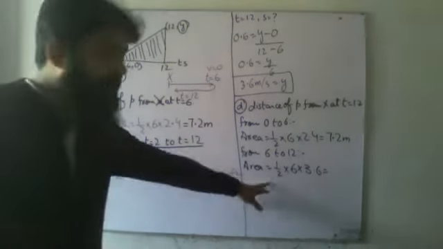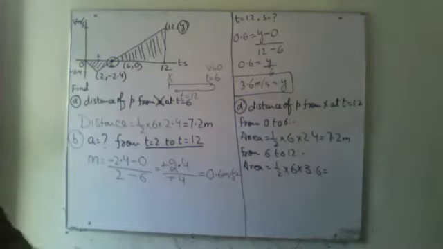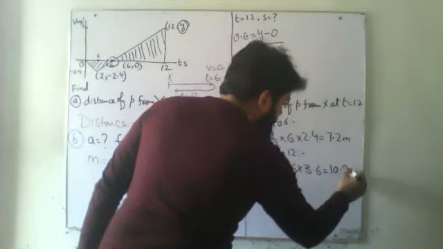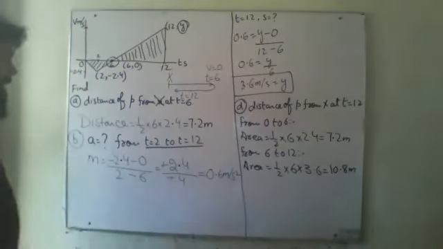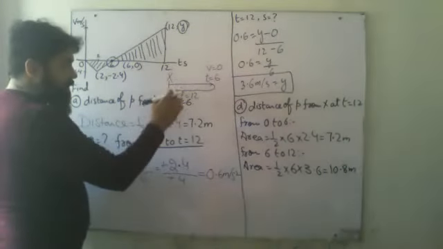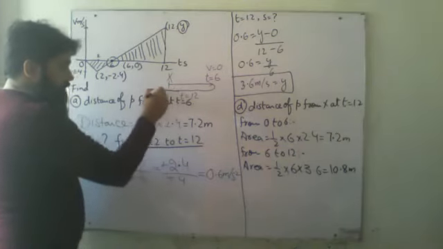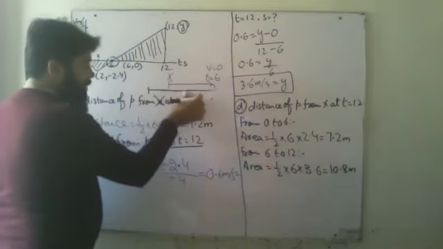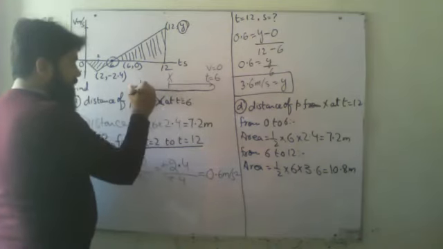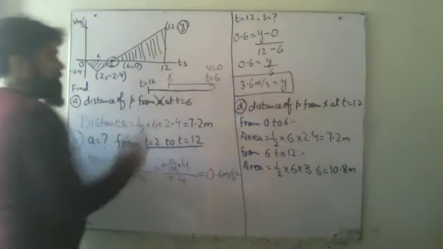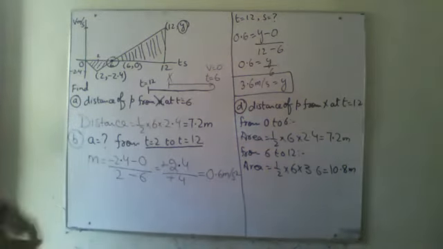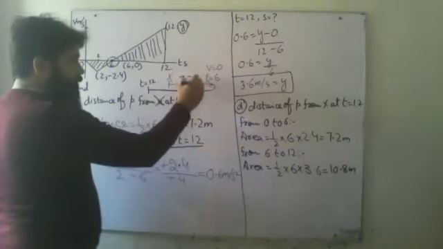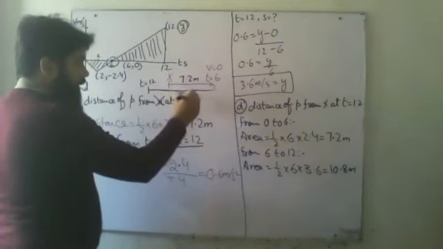Now, when I simplify this, my answer is coming 10.8 meter. It means, if I look at this, at t equals 12 my body is crossing my starting point again. This was 7.2 meter. This is 10.8 meter.